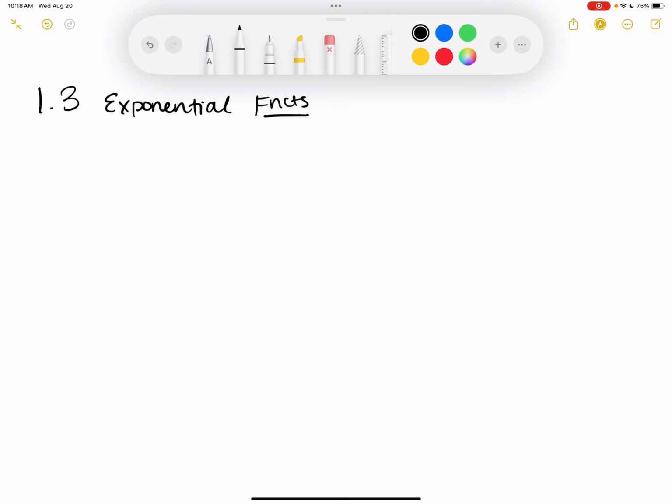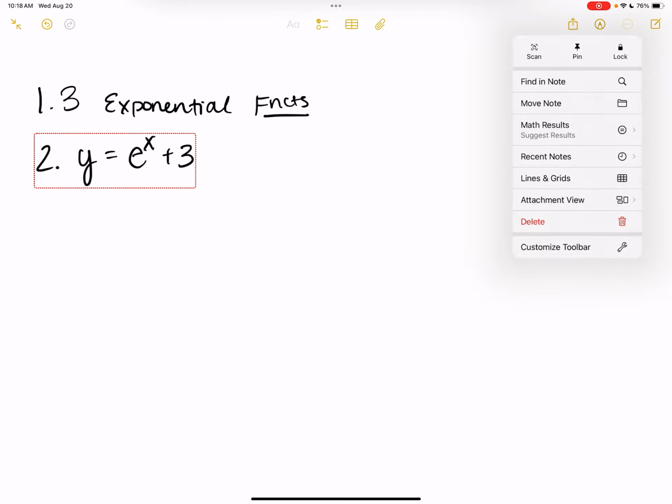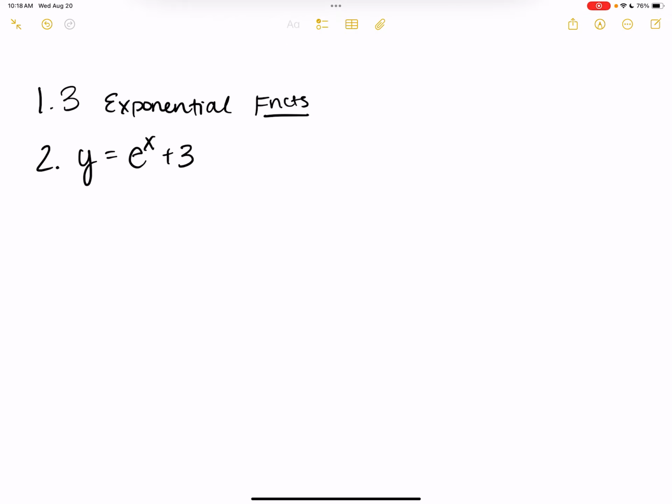All right, it says to graph the function and state the domain and range. So we have y equals e to the x plus 3, and the plus 3 is not in the exponent. An exponential function generically is just a little curve that goes up.